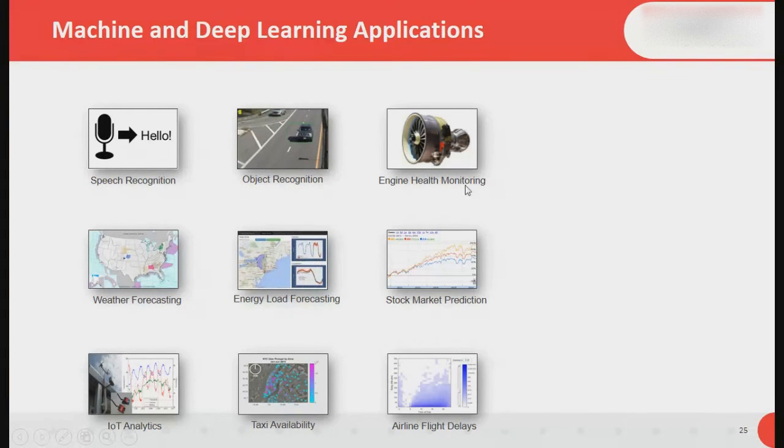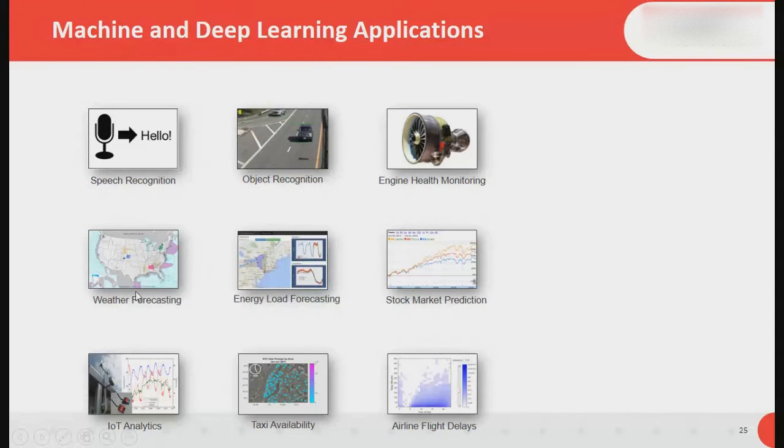Engine health monitoring: let's say you have to find out the remaining useful life of your engine, or find out the faulty and non-faulty data of your engine or system, that is also possible using machine and deep learning. And from MATLAB 2019, there is a Predictive Maintenance Toolbox. I will show you one example on that as well, how to detect faulty and non-faulty data using machine learning.